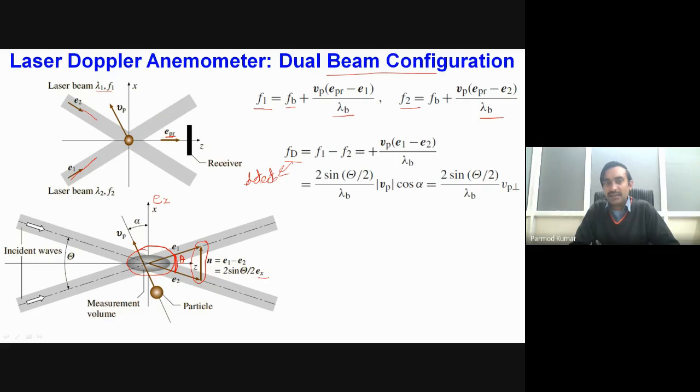So we are basically detecting the difference of the two frequencies, which is Vp times E1 minus E2 divided by lambda V.